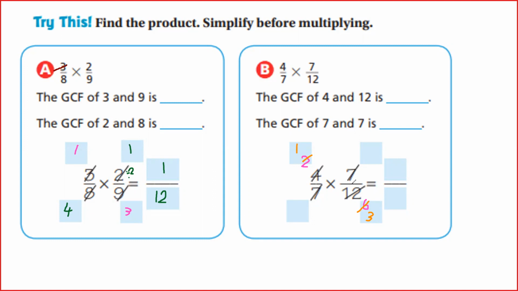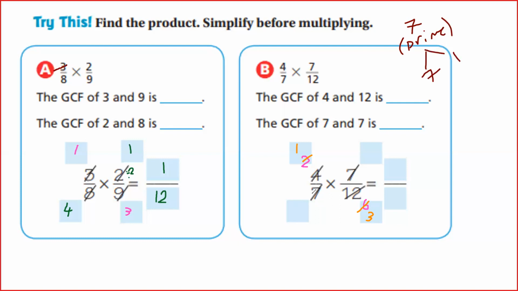I want to search for a factor that can be divided by 7. 7 is a prime number, and since 7 is prime, it can be divided by 7 or 1.